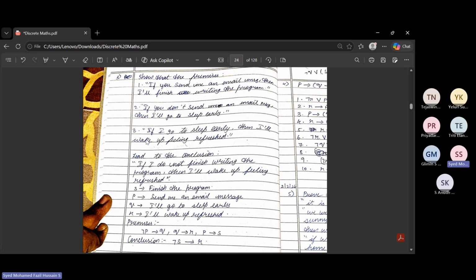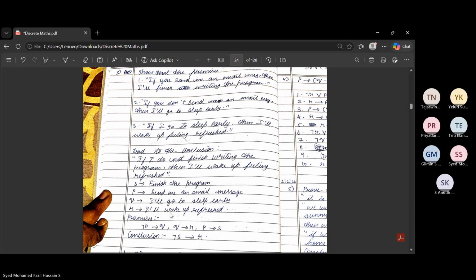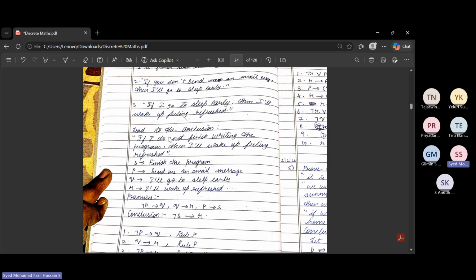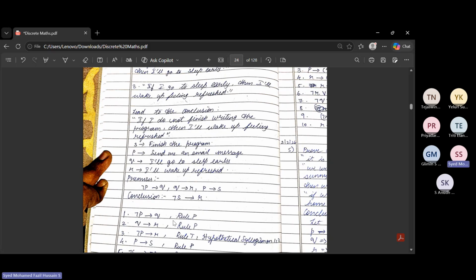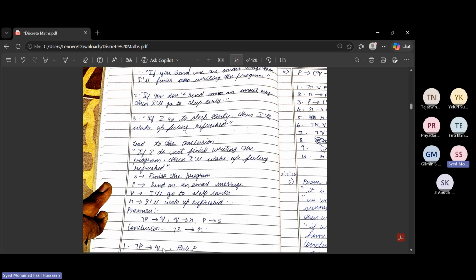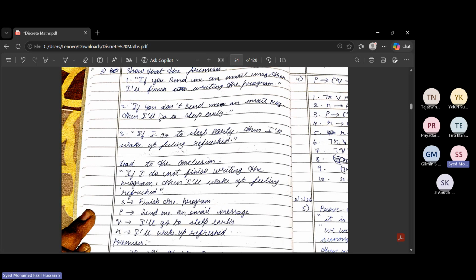From these 1, 2, 3, we have to lead to the conclusion: if I do not finish writing the program, then I wake up feeling refreshed. We have to prove this, that is, not S then R. So we have the premises not P then Q, Q then R, P then S. These are derived from the original sentences 1, 2, 3.